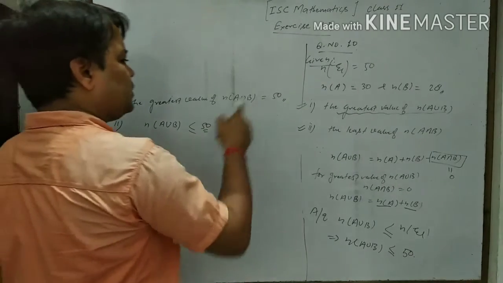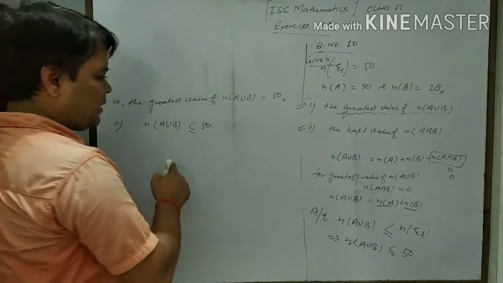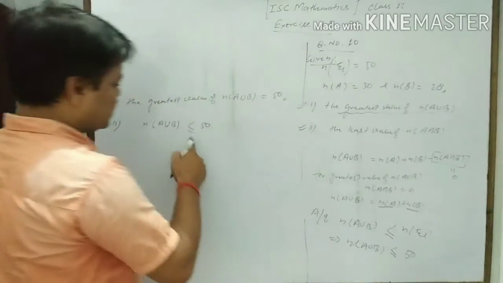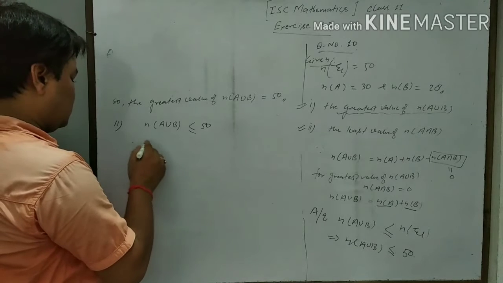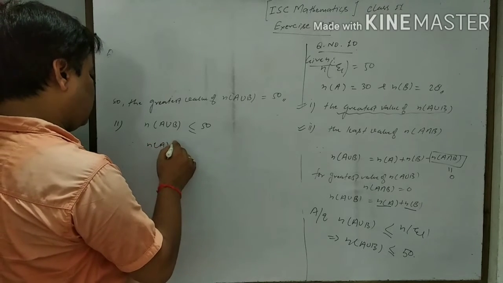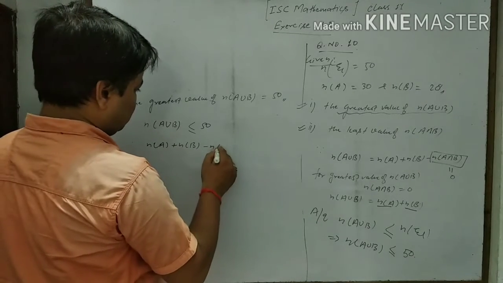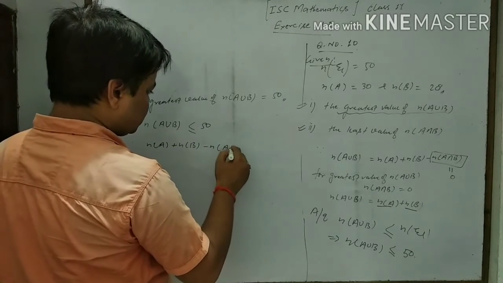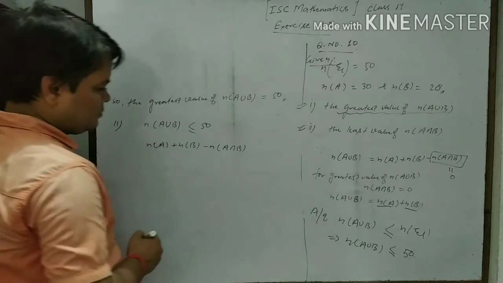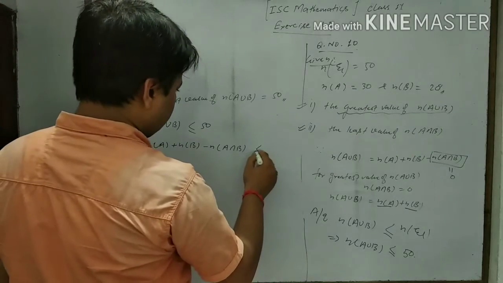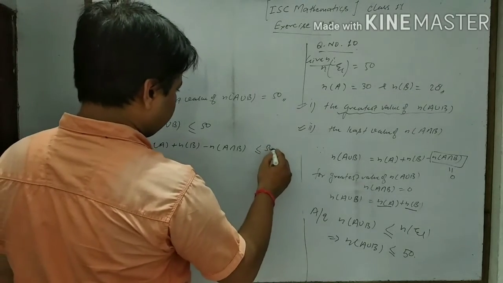But the greatest value is what? 50. But according to this situation, it is less than or equal to 50. Therefore, the cardinal number of A plus the cardinal number of B minus the cardinal number of A intersection B is less than or equal to 50. Why?